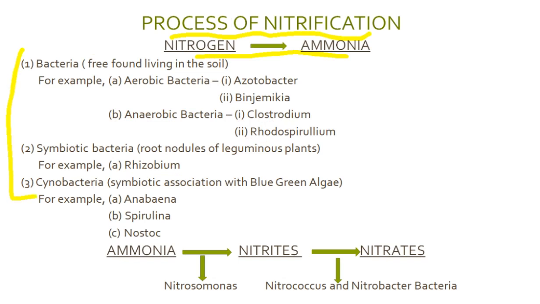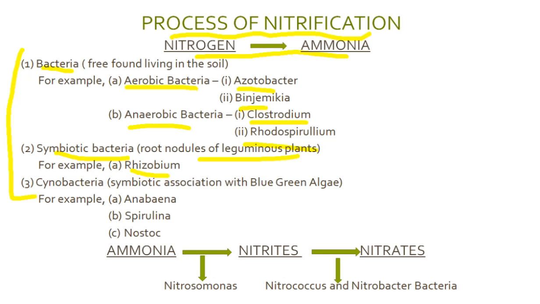The first one is bacteria, which are free living in the soil, for example aerobic bacteria, for example Azotobacter and Beijerinckia, and the anaerobic bacteria, for example Clostridium and Rhodospirillum. The second one is through symbiotic bacteria, which are found at the root nodules of leguminous plants, for example Rhizobium.